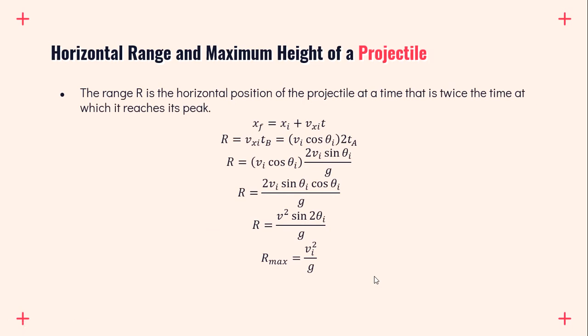Okay, so proceeding to the next item, we have the horizontal range. The range R is the horizontal position of the projectile at the time that is twice the time at which it reaches its peak.